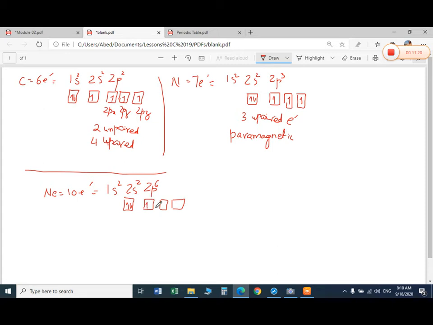First, electrons will try to remain separate, but if more electrons are there and orbitals are not enough, then they will start pairing with each other. This is the 5th electron and this is the 6th electron, so all paired. So we say no unpaired electron here.